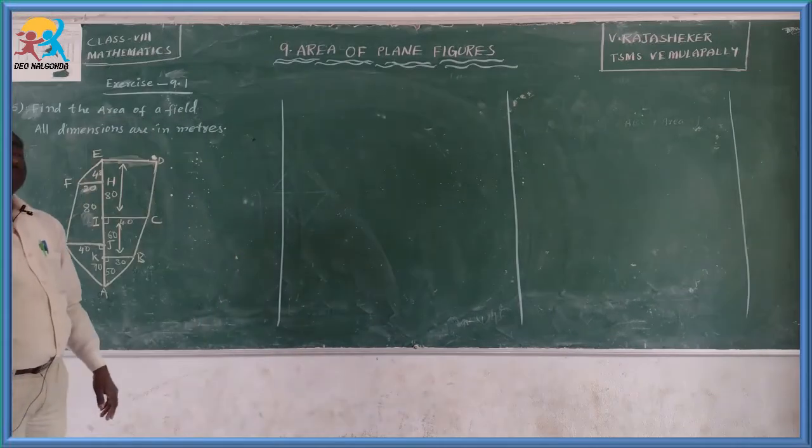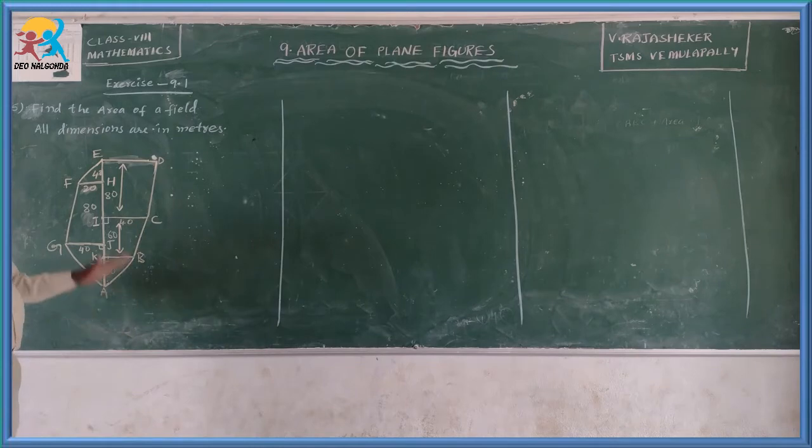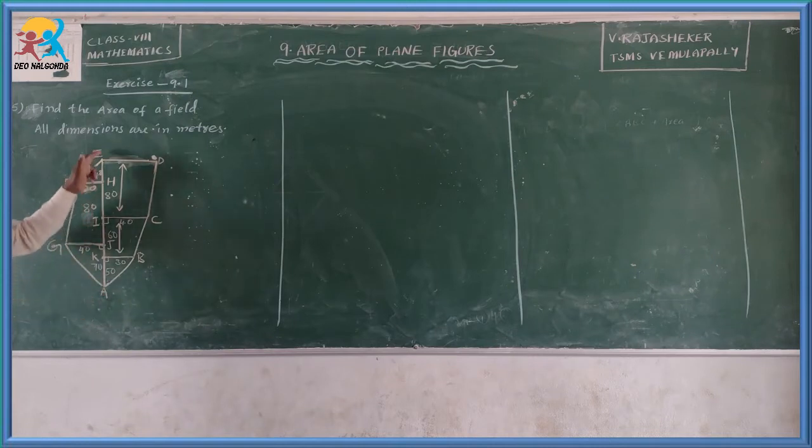Dear children, now let us find the area of this field. This field is A, B, C, D, E, F, G. From A to E is marked. KB is a perpendicular line and IC is a perpendicular line.